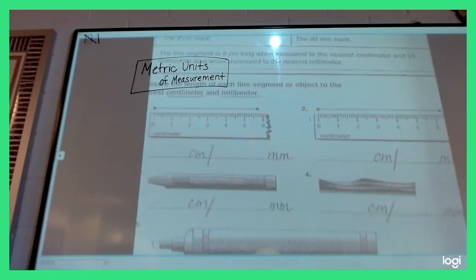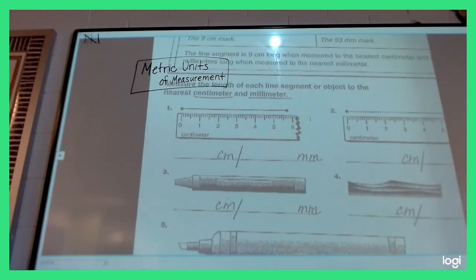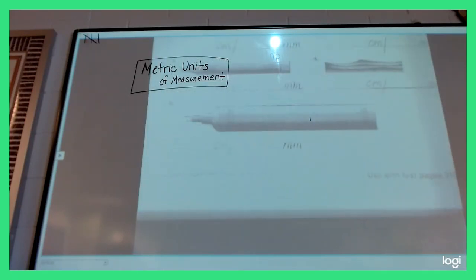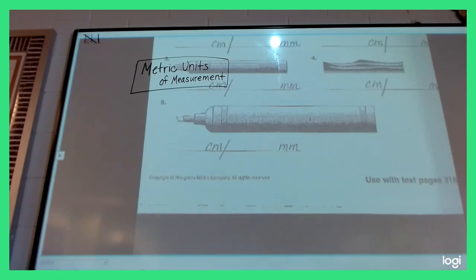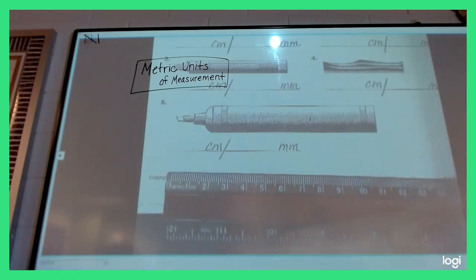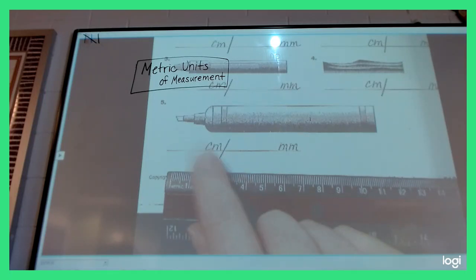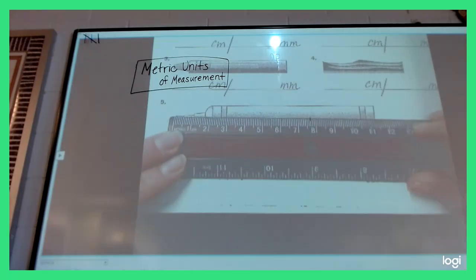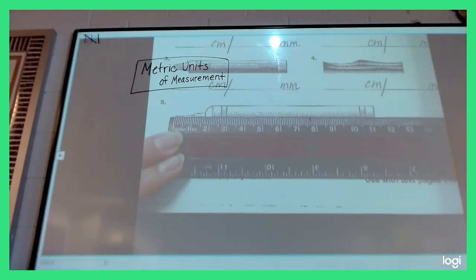So let's do one together. Either 3, 4, or 5. I'll let someone choose. Cadence? 5. Alright, so everyone's zeroing in on number 5. I'm going to line up my ruler, but look down here. They want the nearest centimeter, and they want the nearest millimeter. So let's do centimeters first. I'm going to line up right along the top of that marker tip.